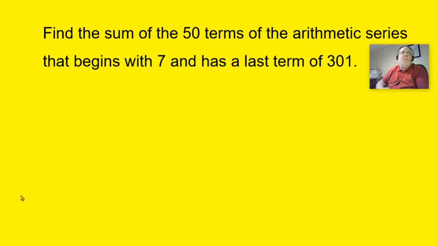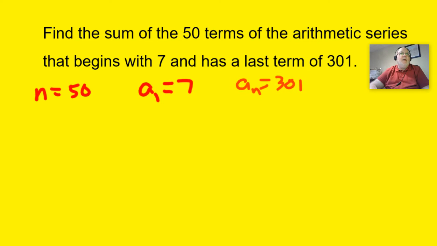So let's look at some ways that we can use these formulas that will show up on your worksheet, where it uses the formulas, but perhaps a little bit differently. The sum of the first 50 terms of the arithmetic series that begins with a 7 has a last term of 301. Well, we know there are 50 terms. The first term is 7, and the last term is 301.